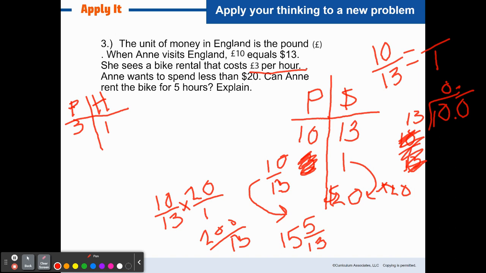So if she goes 5 hours, which is what she's wanting to do, 5 times 3 is 15. Well, she would have 15 pounds with her money. So, yes, she can do that. And then she'd have like 5/13ths of a pound left over, right?